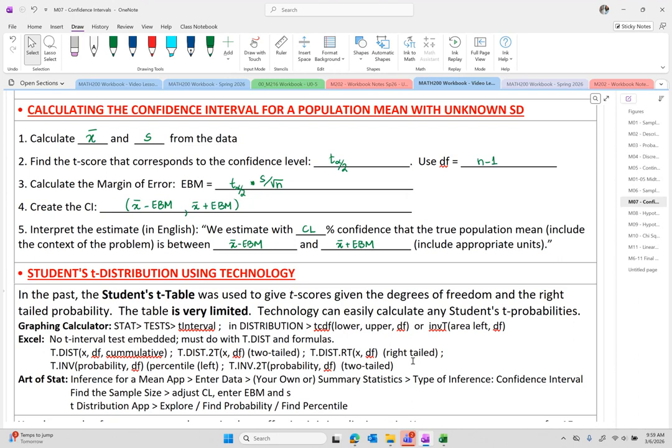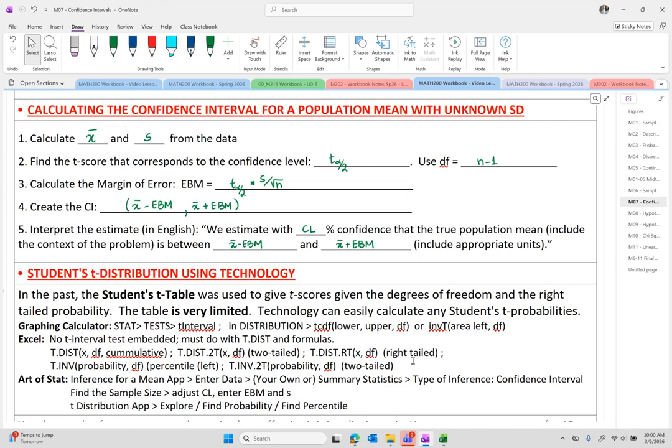You have a different distribution for every degree of freedom, for every different sample size. So you want to use your degrees of freedom to find that particular t alpha halves. Calculate the margin of error. The margin of error will be t alpha halves times the estimated standard error, which is s divided by the square root of n. And then the center of your confidence interval is your sample mean, and you will go left and right equal to the margin of error, and you will find your confidence interval.